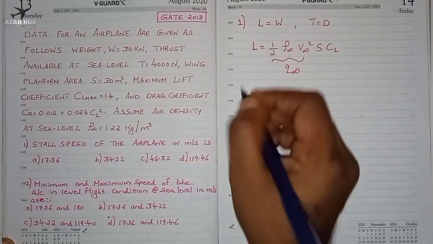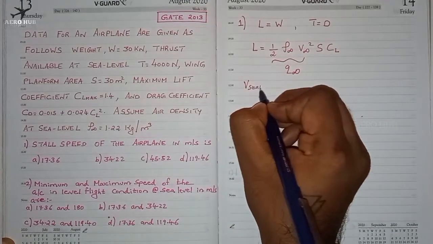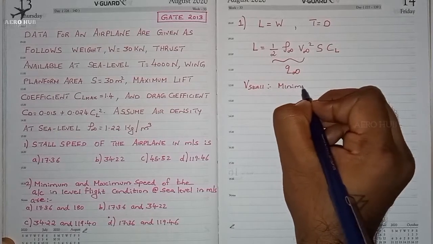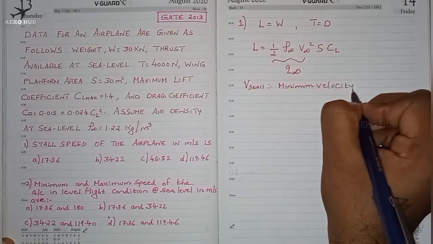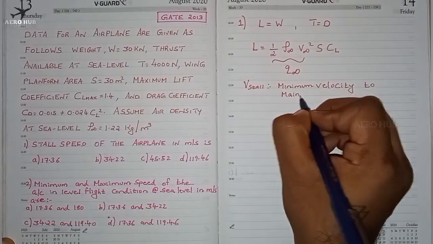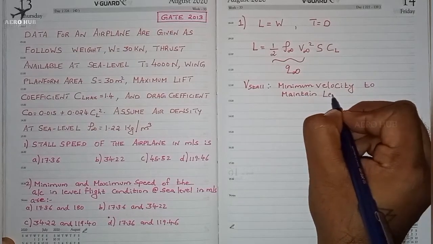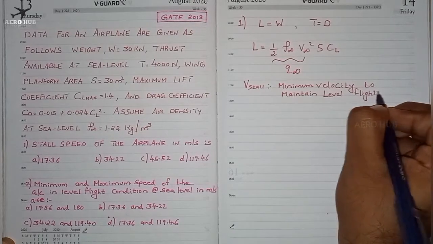What is stall speed? V stall, that is stall speed, is nothing but the minimum velocity to maintain level flight. Okay, this is called stall velocity.